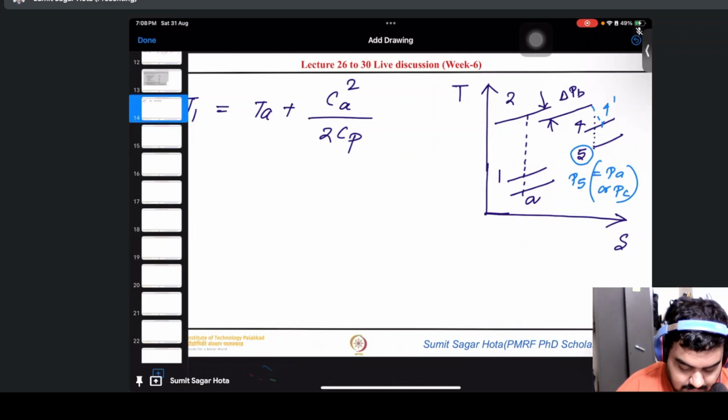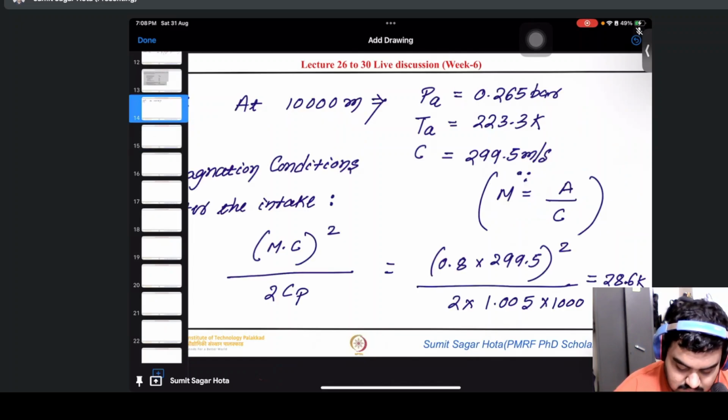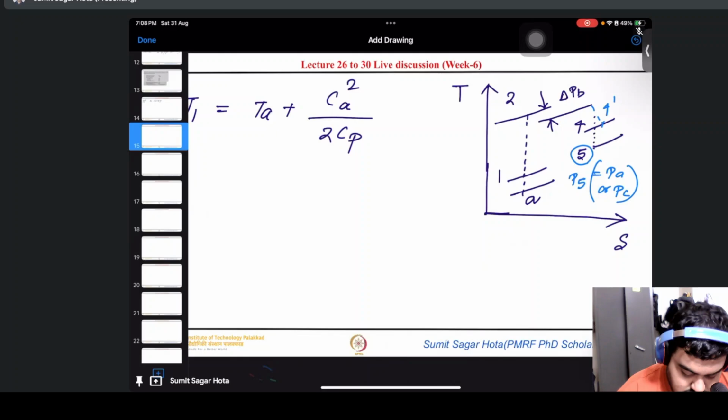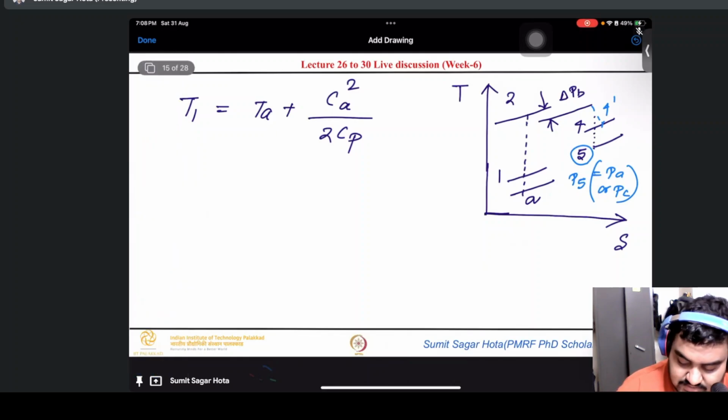It's actually not CA square, we renamed it MC square. So it will be MC square by 2CP.